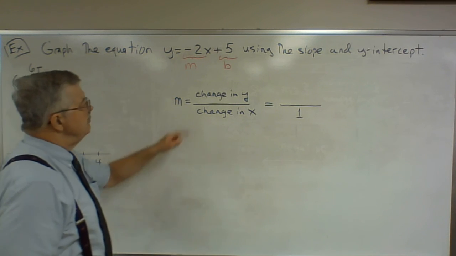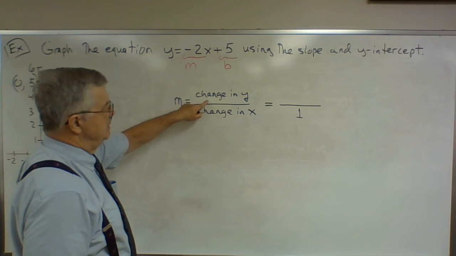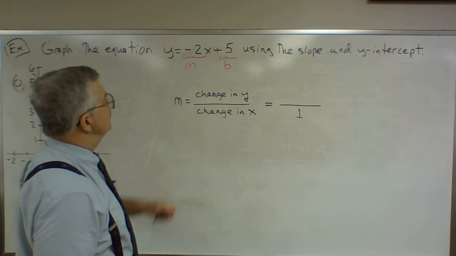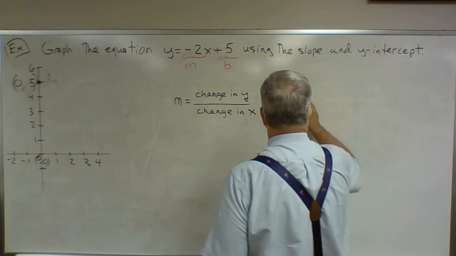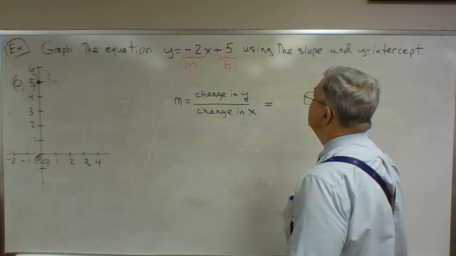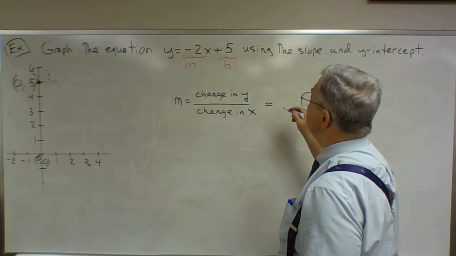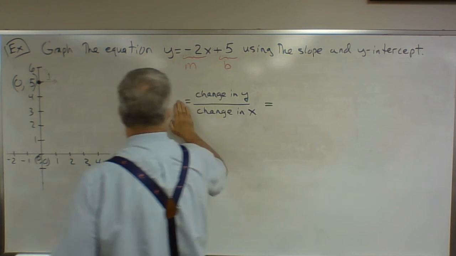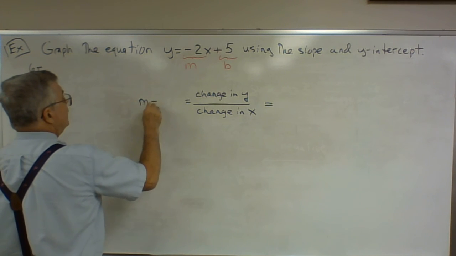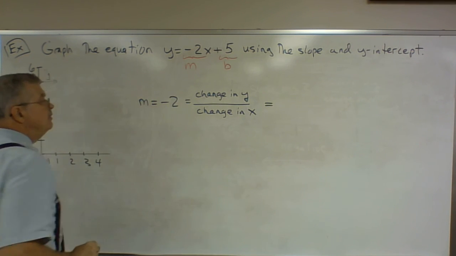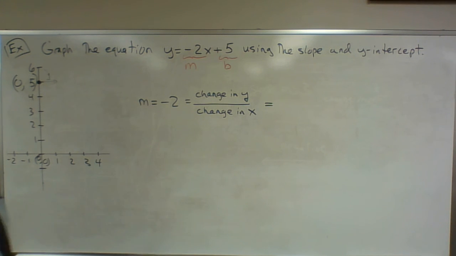What would the change in y have to be? Let me stick something else here. Change in y over change in x. Slope is -2. Change in y over change in x.